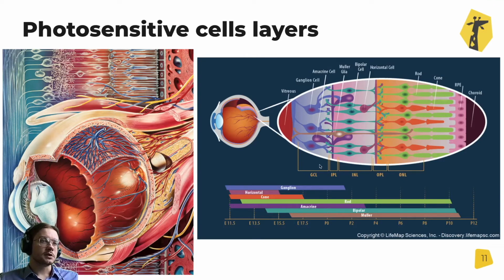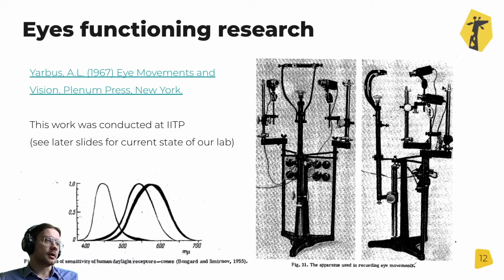So okay, then I wanted to add that much of the research on eye functioning was done at IITP, which I mentioned before. This is the institute where I'm currently studying.